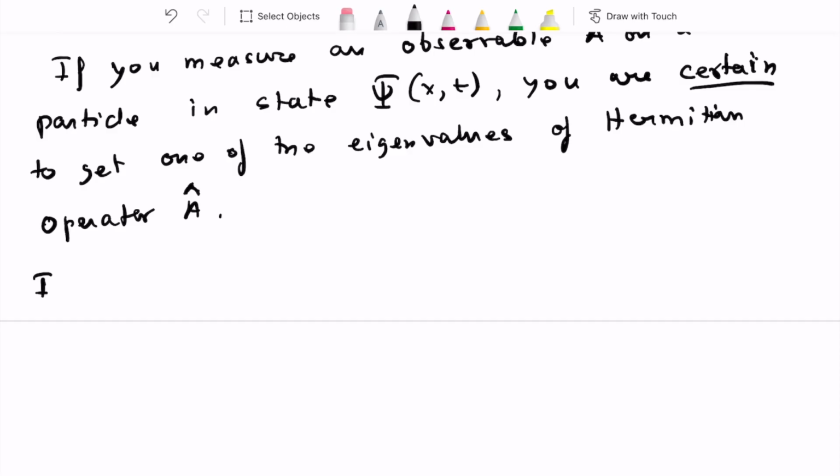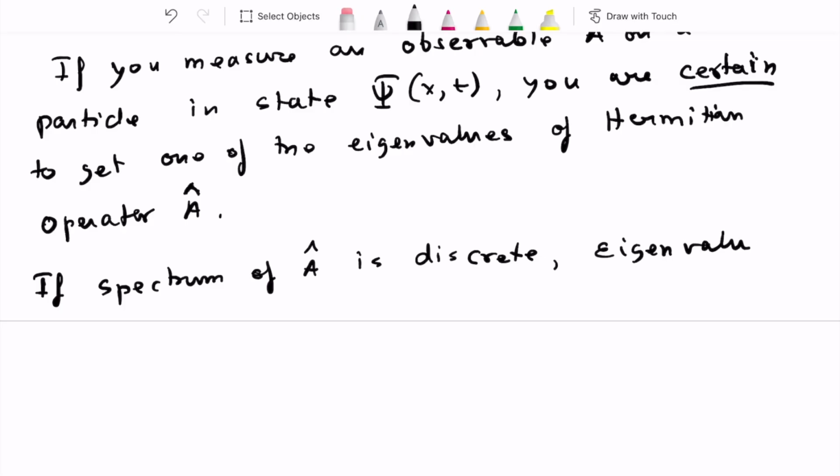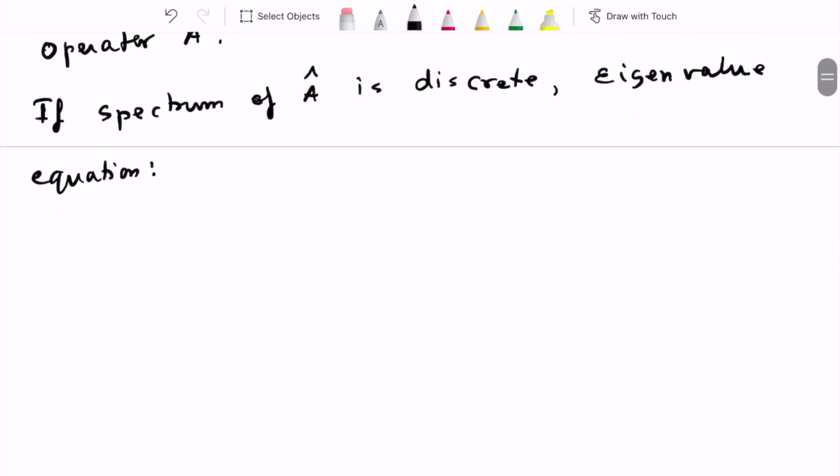So if the spectrum of A hat is discrete, then the eigenvalue equation will look like this: A hat acting on the eigenstate a_n, and the eigenstates and eigenvalues are characterized by a discrete index n. So that is the eigenvalue equation.